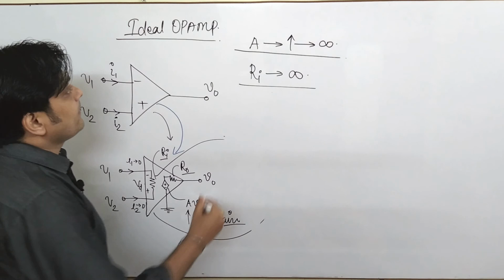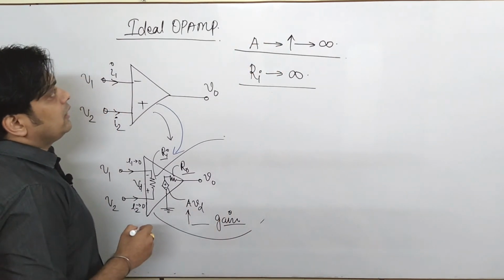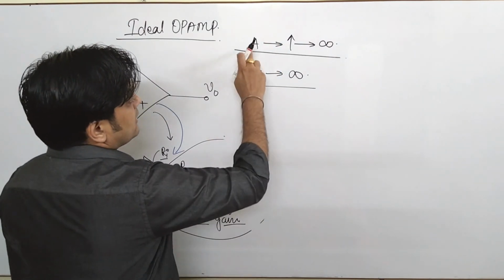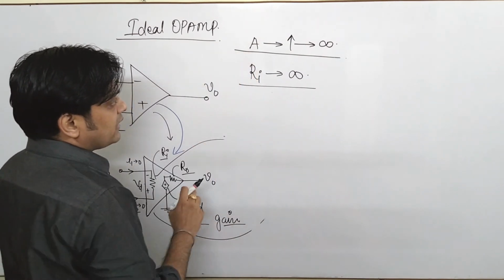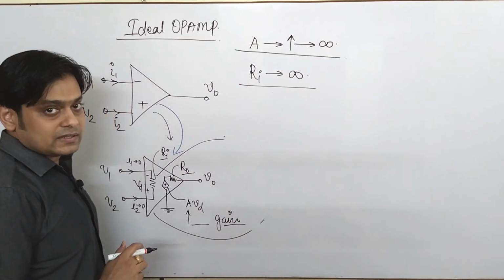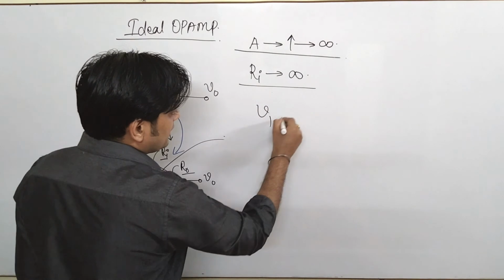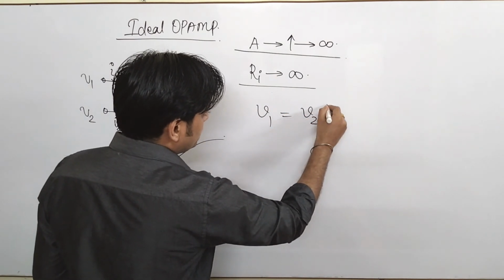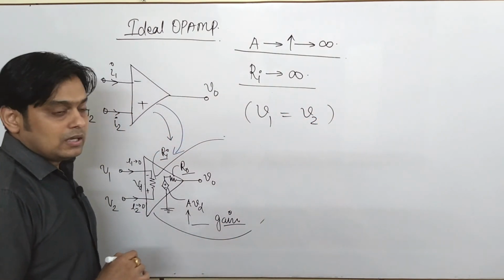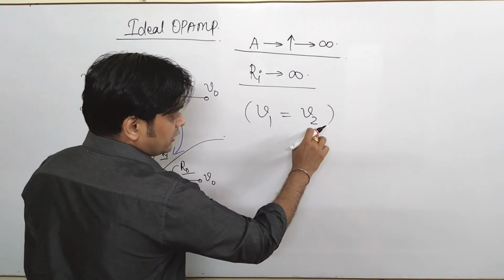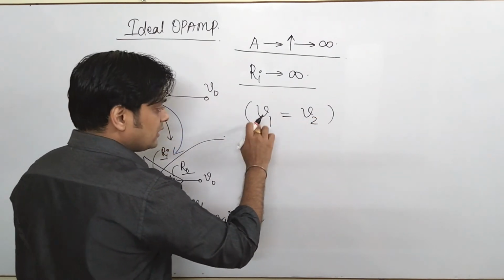As I said, when we are talking about the ideal operational amplifier, the gain is infinite in nature and its input resistance is infinite in nature. There is a very important condition that the two terminal voltages, either inverting or non-inverting, or non-inverting and inverting.